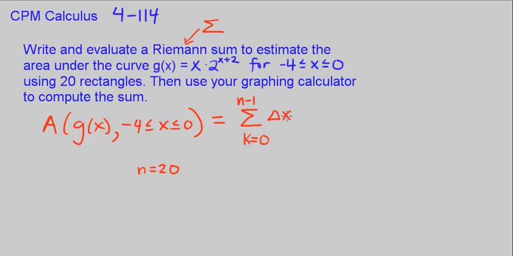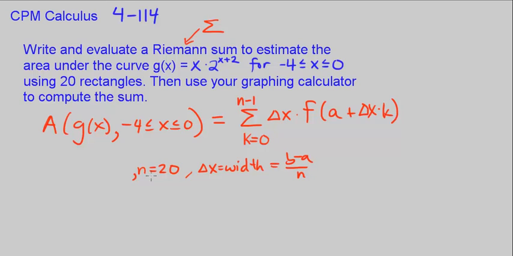Of delta x, which is the width of each rectangle, times the function starting at a, adding delta x times k. The width of each rectangle is just b minus a over n.